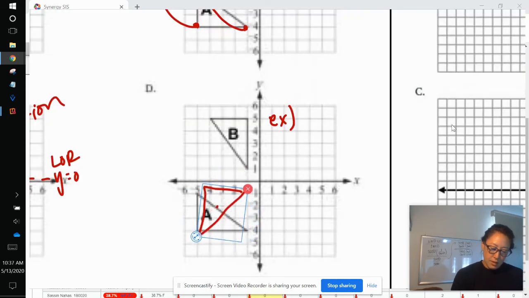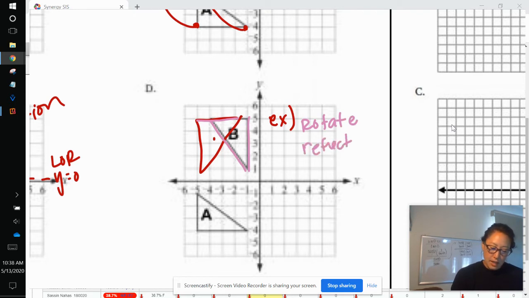So I'm going to rotate it to there, and then I'm going to reflect it like that, and then I'm going to go ahead and slide it over. So we were able to rotate, reflect, and then slide, which is a translation. So we used all three.